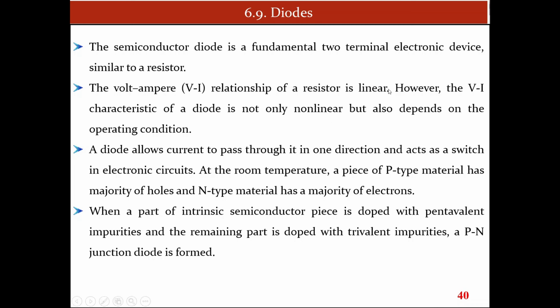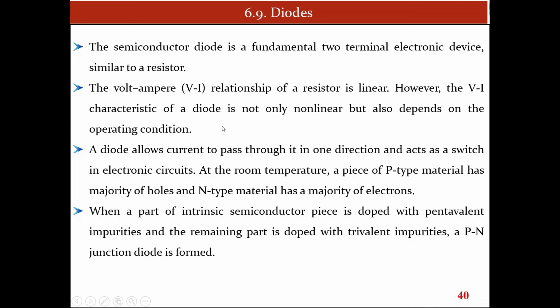But the VI characteristic of a diode is not linear. It is non-linear, and also depends on the operating condition, so the VI characteristics are drawn for forward biasing and reverse biasing.